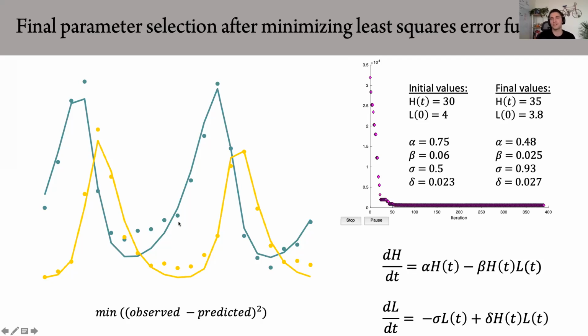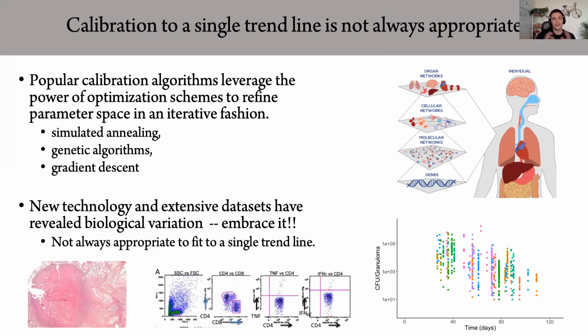So this is the traditional calibration scheme, and this is what's been done for years and years and years in mathematical modeling, is that we're fitting to a single trend line, or in this case, 2 trend lines of experimental data across time. And we do that by using an optimization scheme. There's tons of literature on this.